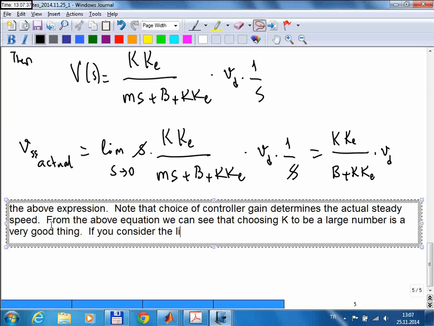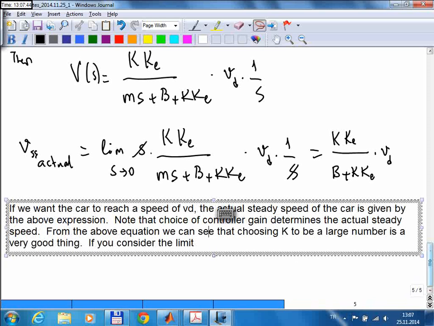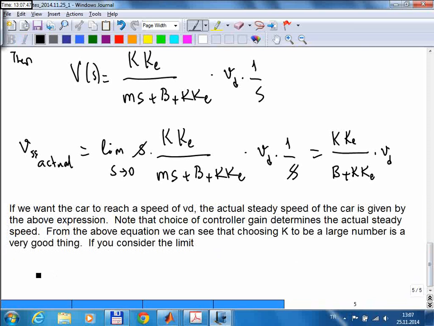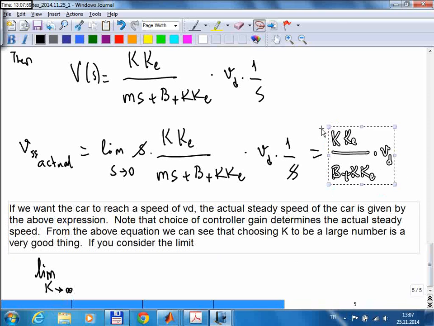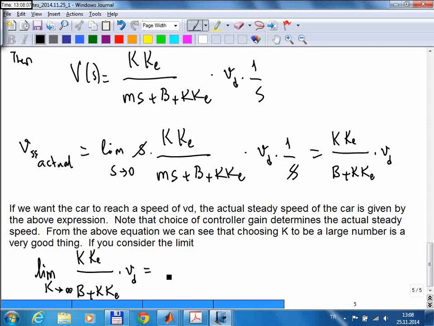If you consider the limit as k goes to infinity, it's just equal to Vd, right?